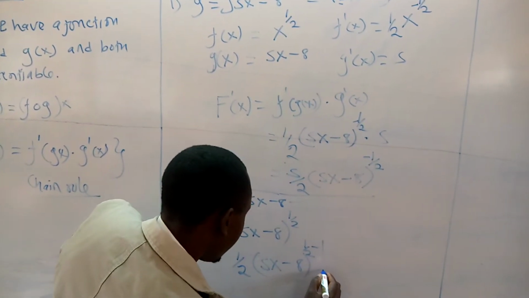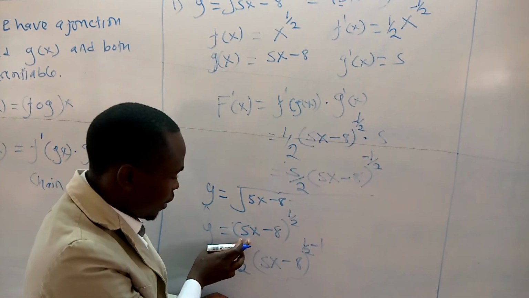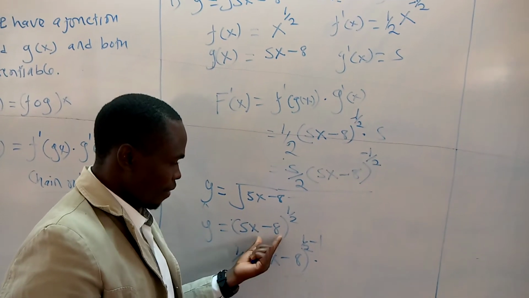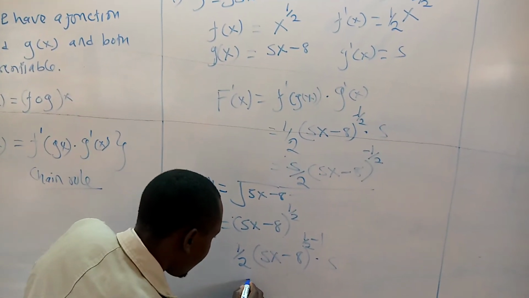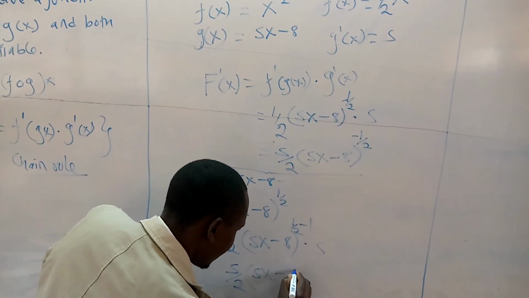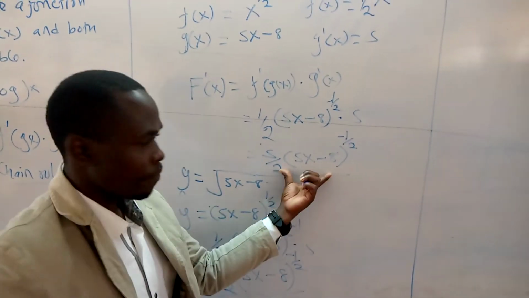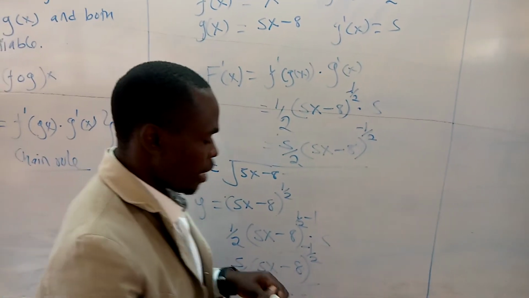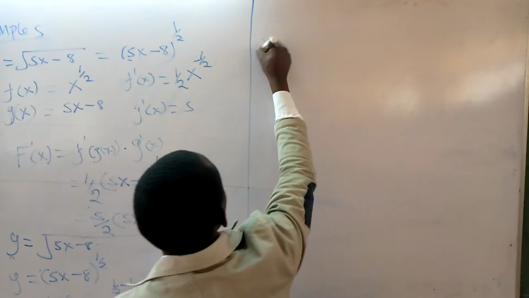After that I multiply by the differentiation of the inside: if I differentiate 5x, it's 5. Then it will be 5 over 2 into 5x minus 8 raised to negative 1 over 2. It's the same answer. It's very simple how to use the chain rule. Let's go to the next example, example 2.